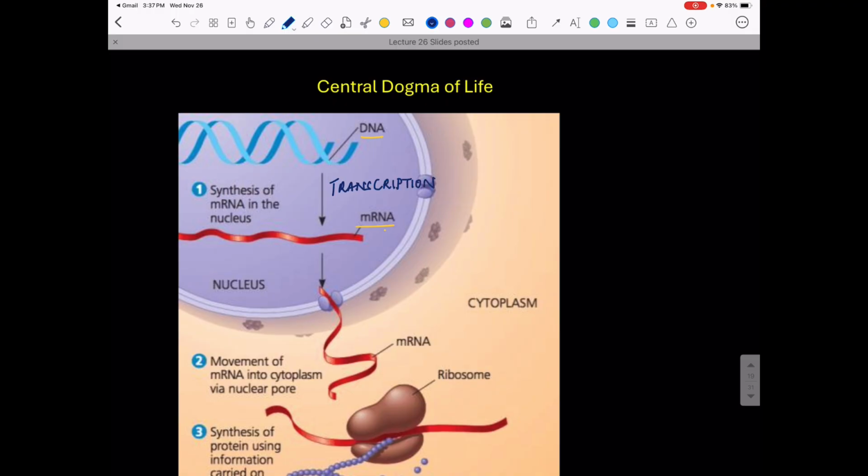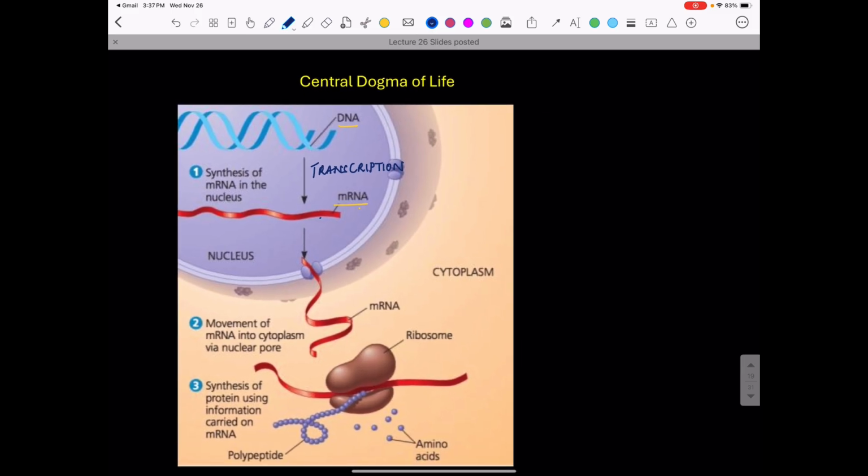And that mRNA, once it is synthesized in the nucleus, goes through a few modifications. And once those modifications are done, the messenger RNA comes out of the nucleus into the cytoplasm, where it will assemble a ribosomal complex, which is involved in the synthesis of proteins.